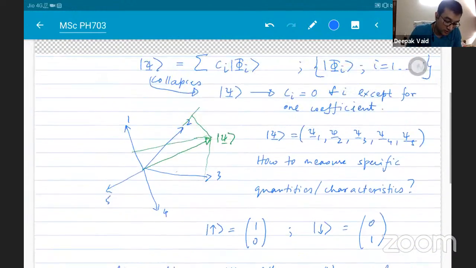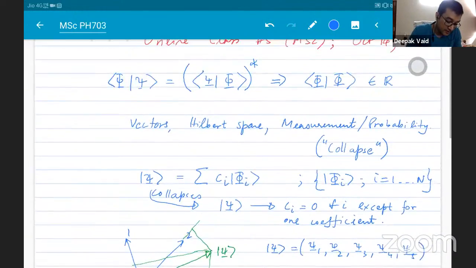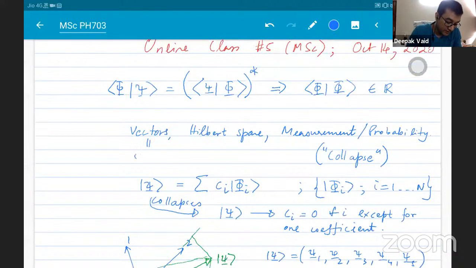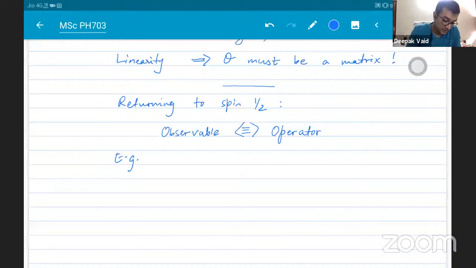So one of the postulates of quantum mechanics is that vectors are equal to states. The state of a quantum system is given by a vector in a Hilbert space. That is one postulate. This is the second postulate. And there is a little more detail that I'm leaving out. I'll come to that in a little bit.